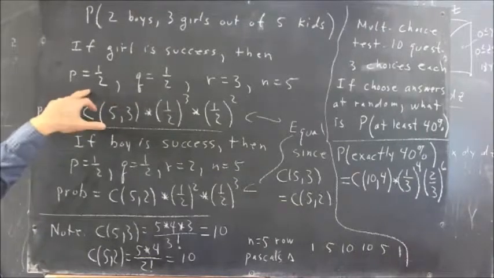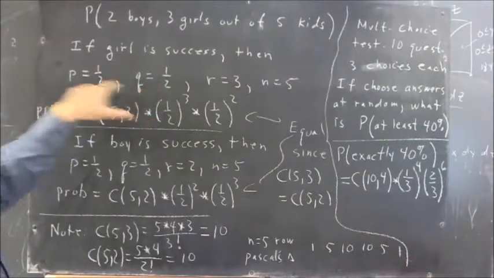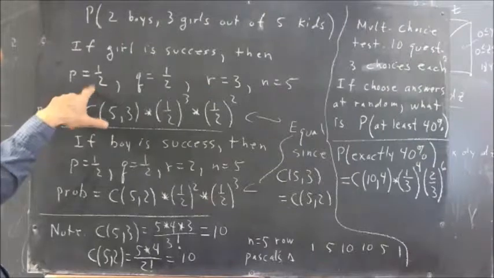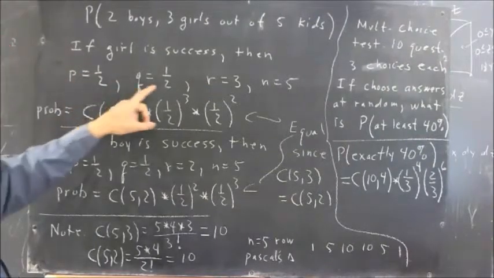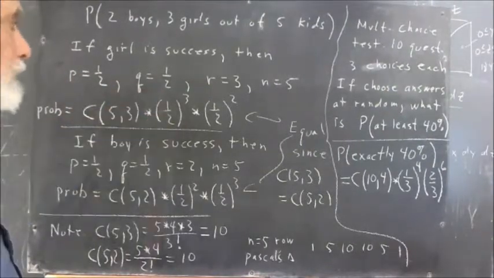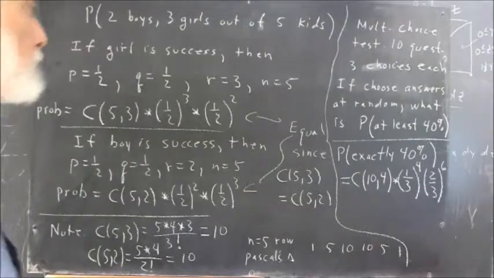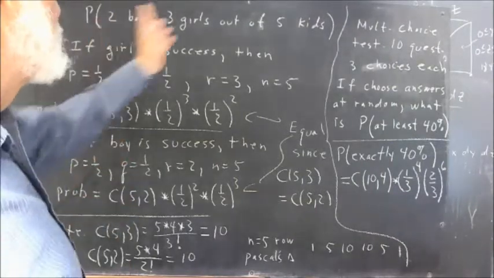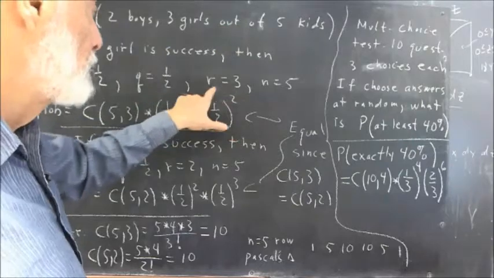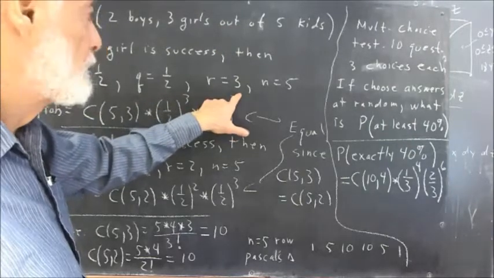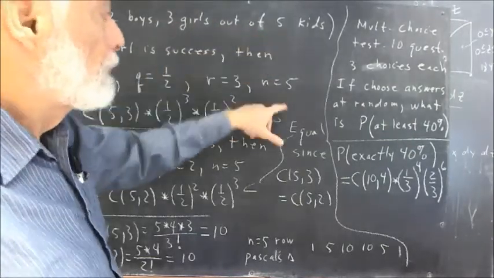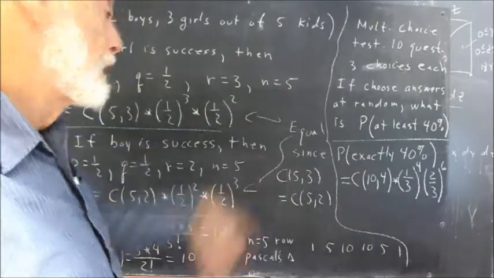It's 1 minus the probability of success, which is, since the probability of a success is 1/2, the probability of a failure is also 1/2. How many successes? Well, 3 girls out of 5 kids. R would be 3. How many trials? Well, you got 5 kids. That's 5 trials. N equals 5.